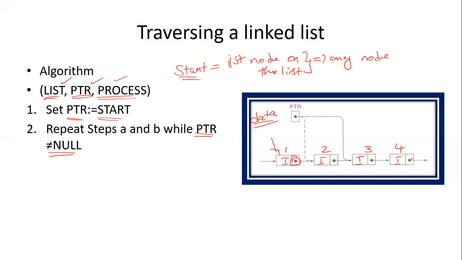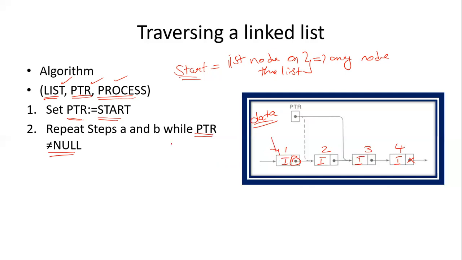At one point, the terminating node's link is going to be null. If PTR is equal to null, it means we have reached the end of the list. So we have to do the operation continuously until PTR is equal to null, and then we terminate the operation.